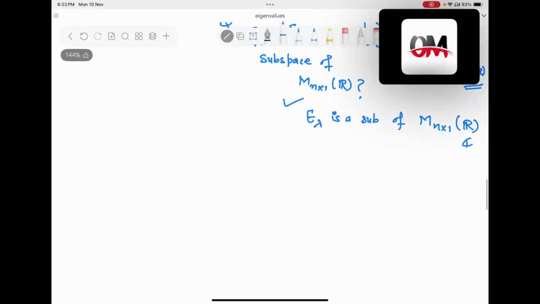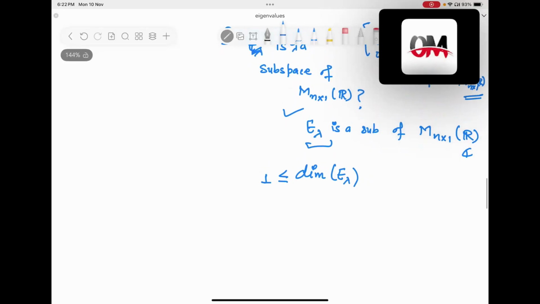Now, since it is a subspace, what will be the dimension of this? Till now we don't know the exact dimension, but it is always greater than or equal to 1. It cannot be 0, right? Because lambda is an eigenvalue. For some non-zero x, we have Ax equals lambda x, right?